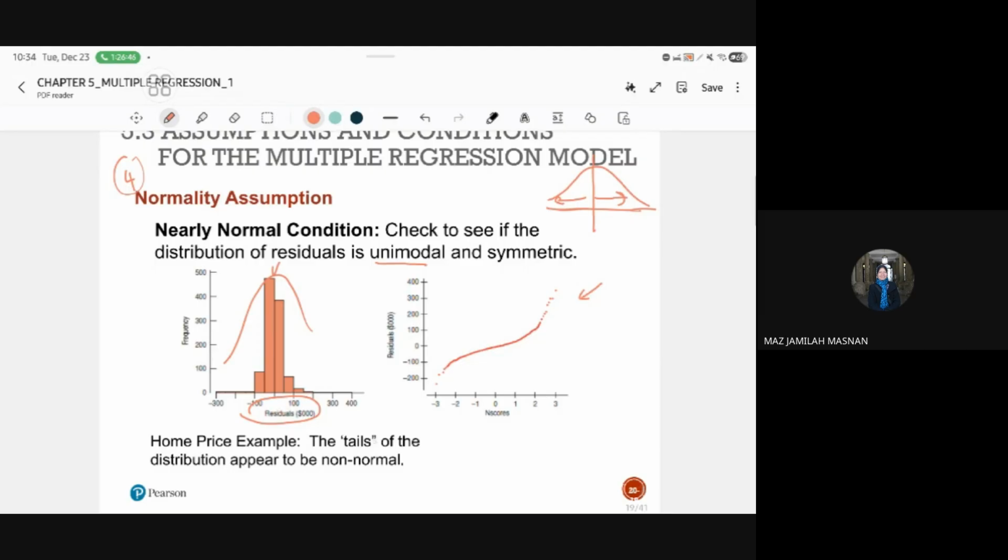In this case, home price. And the tail of the distribution appears to be non-normal. So the tail over here, you can see a bit of tail, and it shows that it is not normal in terms of this particular data.